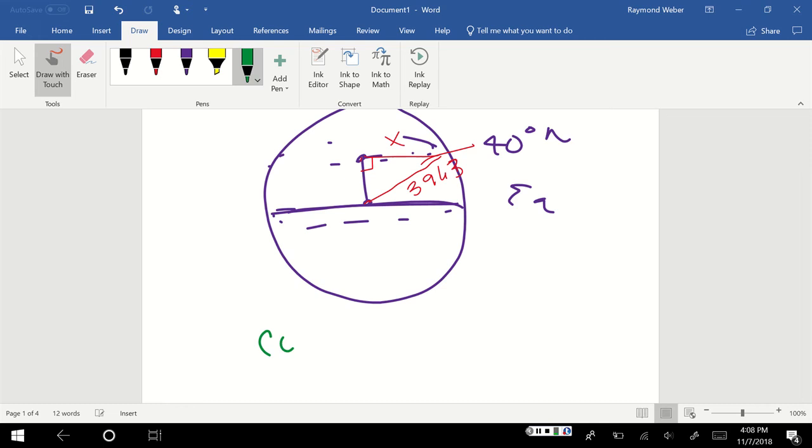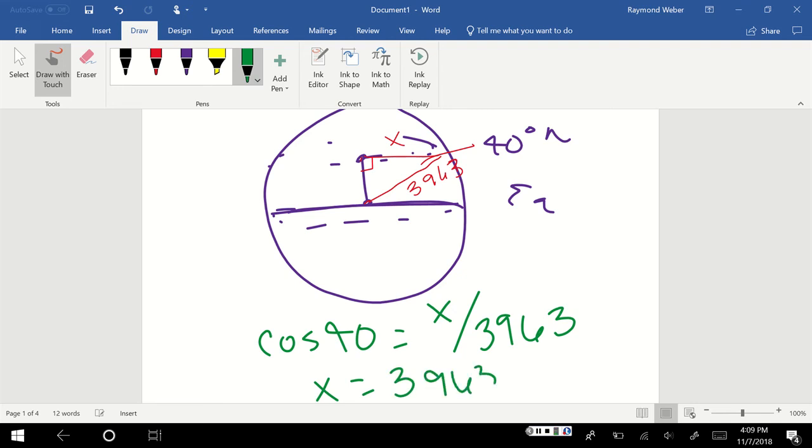So if I use cosine of 40, that's adjacent, which is x, over hypotenuse, which means that x is 3963 cosine 40. Make sure your calculator's in degrees, because mine's usually in radians.